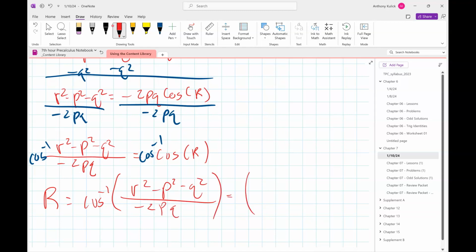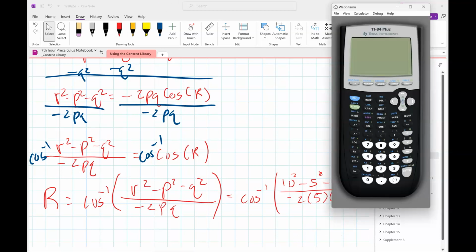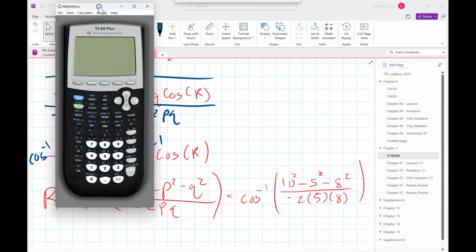So when I plug my numbers in, cosine inverse of 10 squared minus 5 squared minus 8 squared over negative 2 times 5 times 8. Again, please just do this in one line on your calculator.